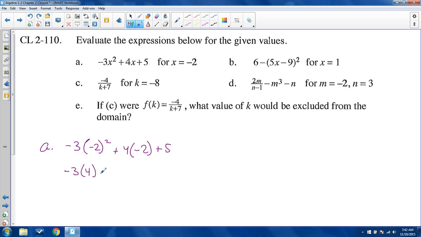That's -8, then plus 5. -3 times 4 is -12. We have -8 plus 5. -12 minus 8 is -20. -20 plus 5, not -25, it is -15. And that is the value when x equals -2.